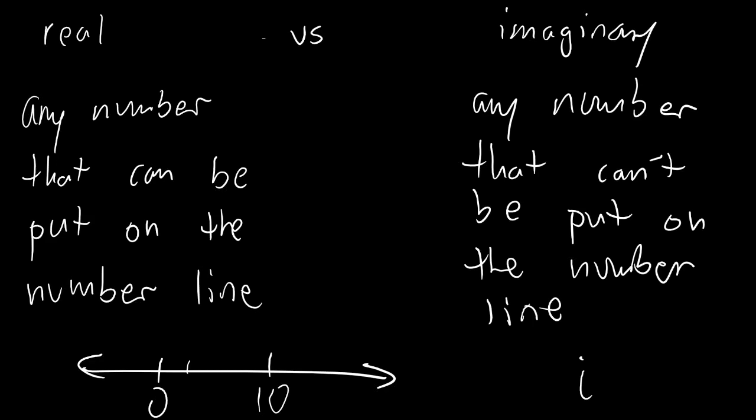So you can copy it down. An imaginary number is any number that cannot be put on the number line, and you can put quotation marks or parentheses and have i in it to remind yourself that i is the only imaginary number that you will encounter in this course. And of course, real is any number that isn't imaginary. So all the numbers you've ever known.